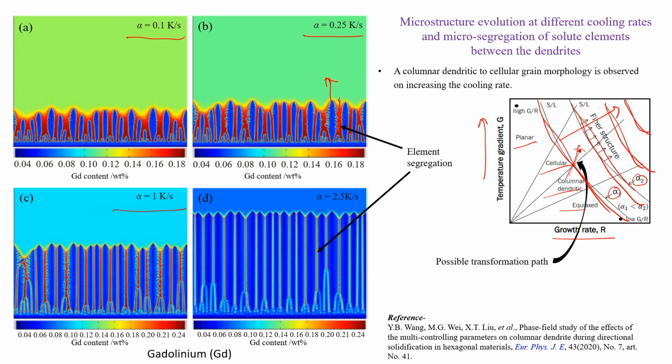This is just an example that the segregation may also happen between interdendritic spaces, and that depends on the change of the transformation path from one path to another, and element segregation happens because of a concentration difference.